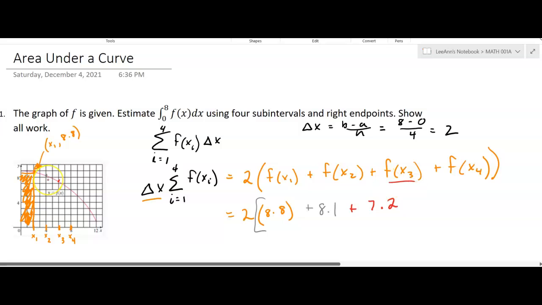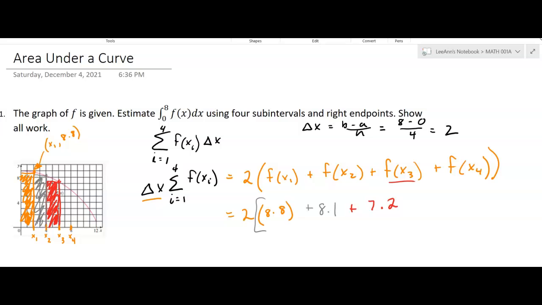So now if I wanted to draw these rectangles, which I would want you to do, just do your best. That would be the rectangle there, and then the gray one would be this rectangle right here. Then we have one more rectangle.